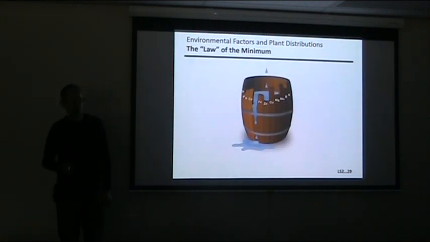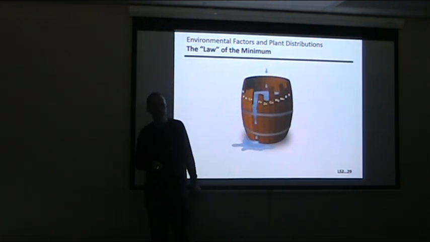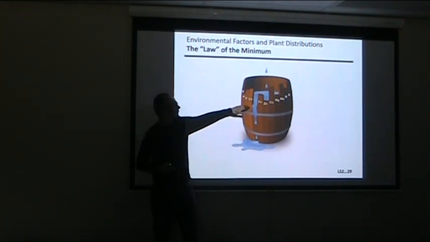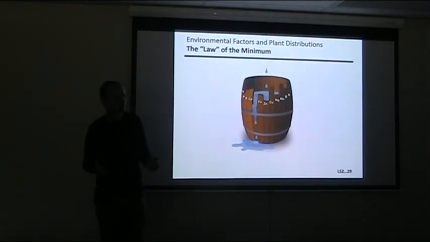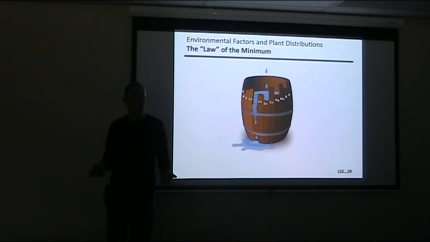A way to think of it is an olden day barrel, with multiple staves that form the minimum threshold of how much water you can hold. Whichever element, here we're talking about soil, is the lowest in availability sets your maximum biomass, for example, or maximum growth rate.